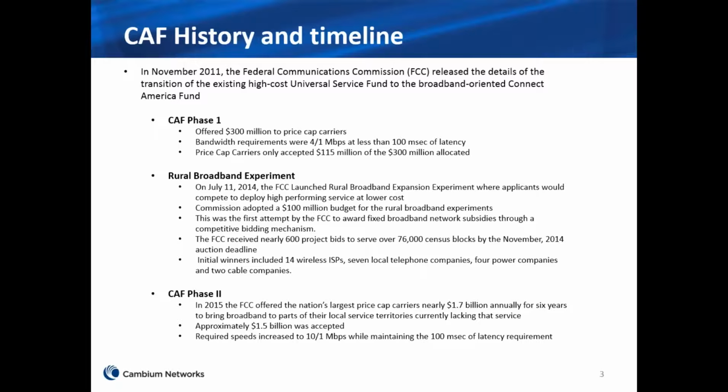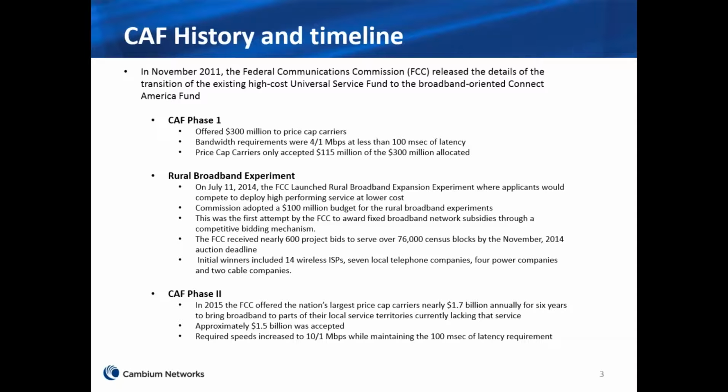Through the rural broadband experiment, the FCC received nearly 600 project bids to serve 76,000 census blocks. They picked 40 projects. Initial winners included wireless WISPs, local telephone companies, power companies, and cable companies.